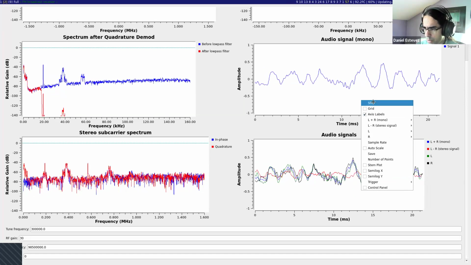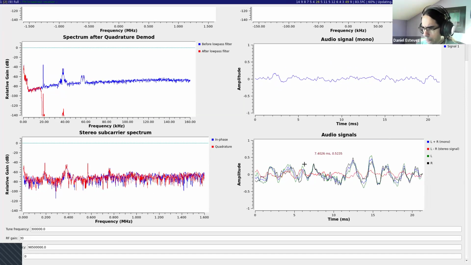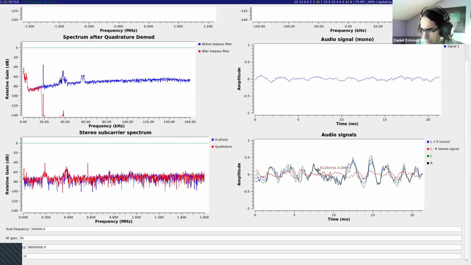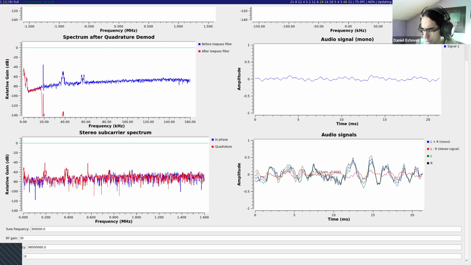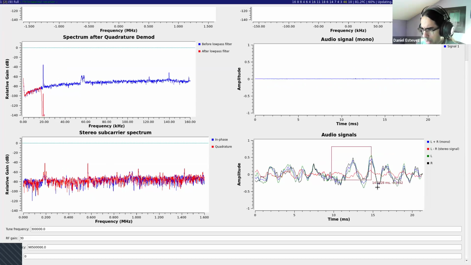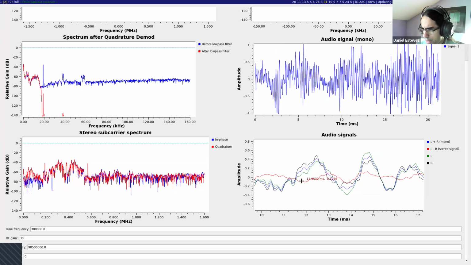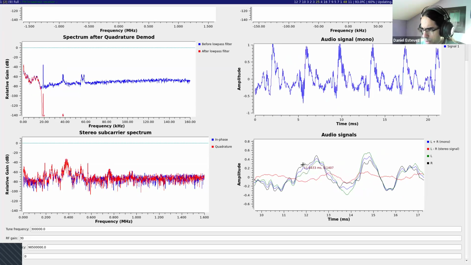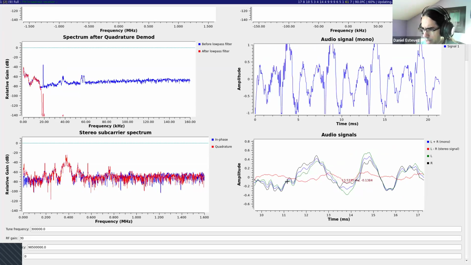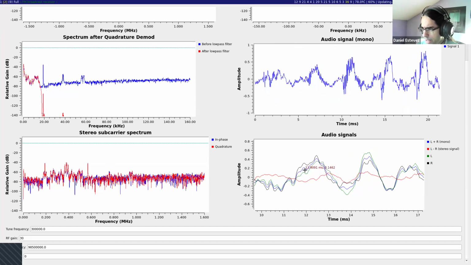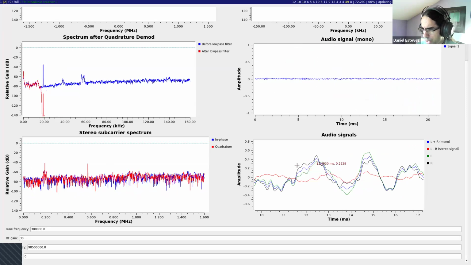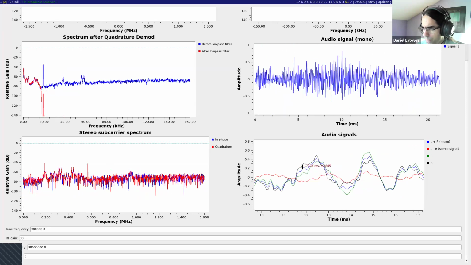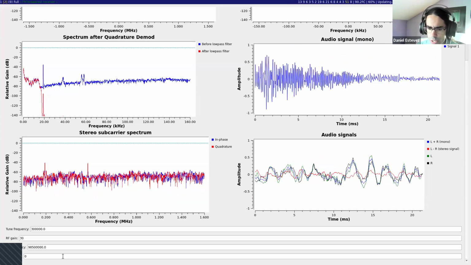Maybe I'll try to stop in here, for example. So you can see for some of the parts of the wave, they are very similar because this is very close to zero. For some other parts, for example, this region, this is more different from zero, and we have green, the left speaker, and black is the right speaker. And that's how we encode two signals.